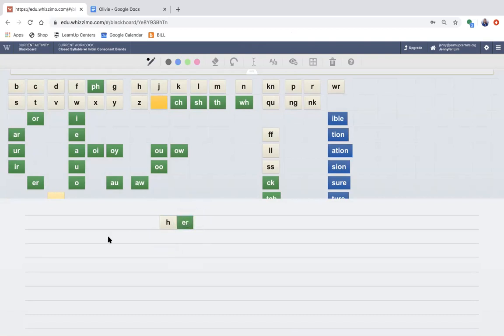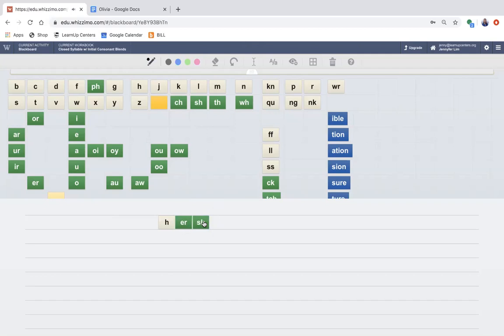And then CH. So what does this say? Hurch. And remember, ER is going to be your best guess for everything. Next word I want is Hirsch. You take out the CH and put in an SH.